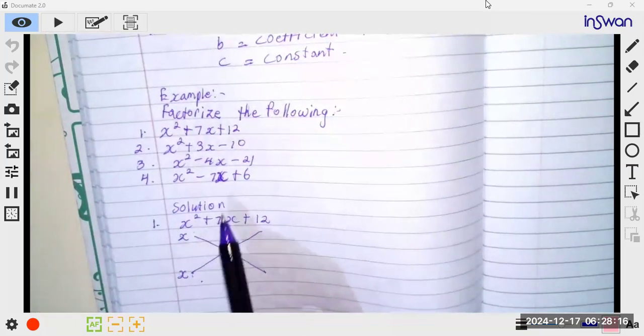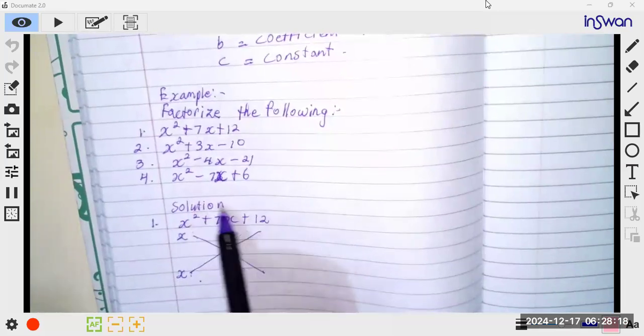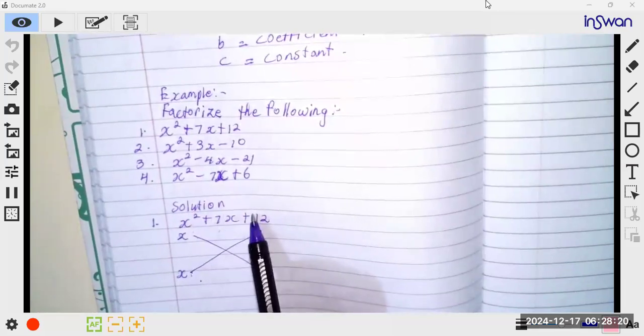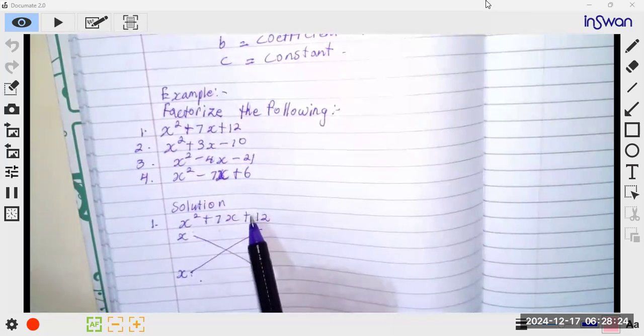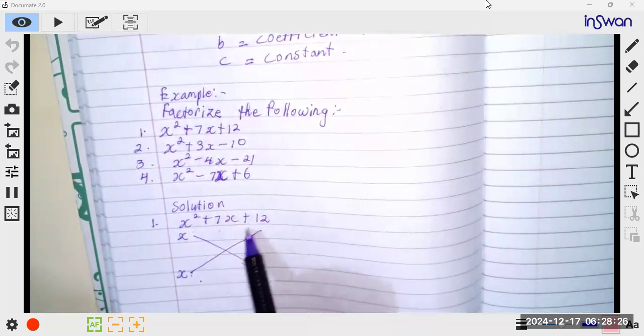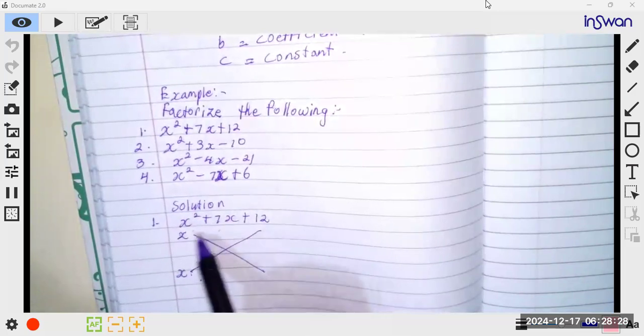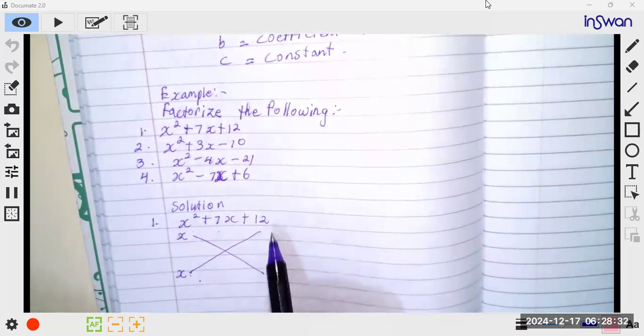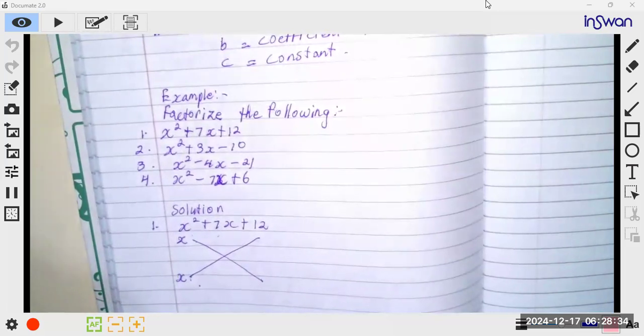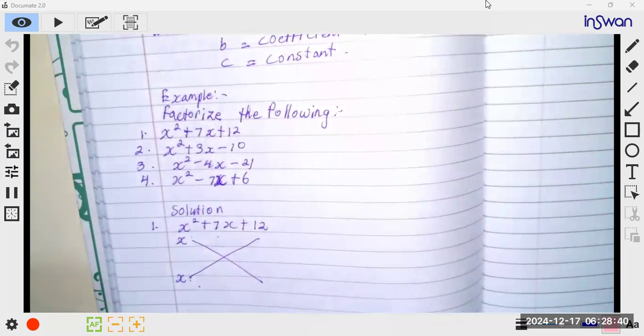Now, in this situation, you will always be adding the factors. You know why? Because there's a positive here and a positive here. As long as your quadratic expression is set up in such a way where there are two addition signs, we'll be adding both factors.